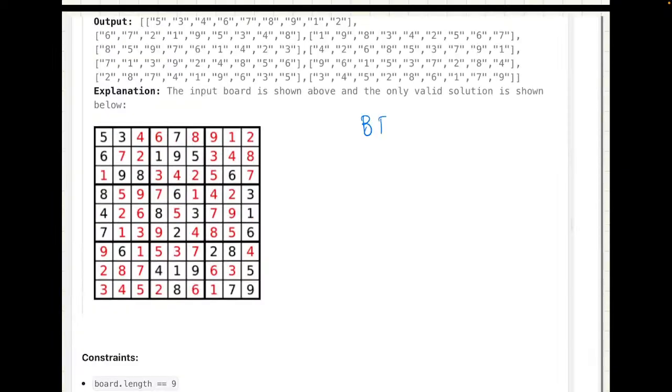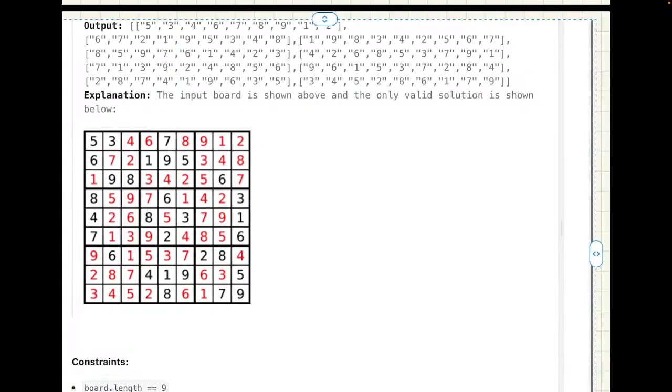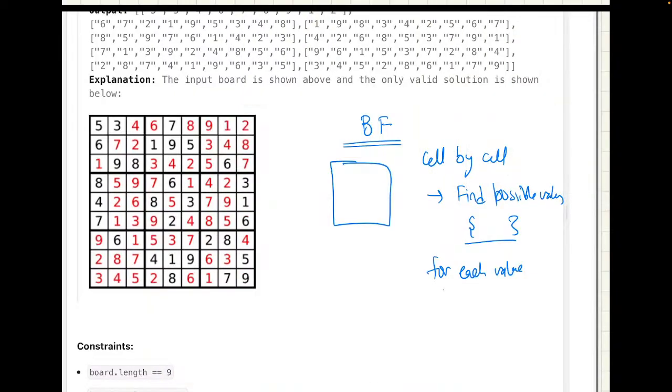So if I talk about the brute force solution, first we go cell by cell, find possible values, and then for each value, we have to go to the next state.